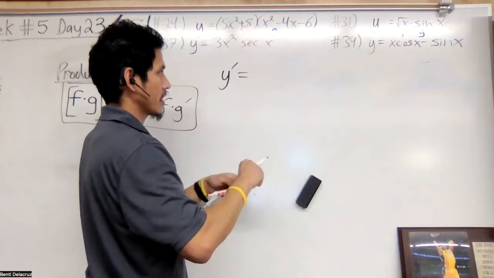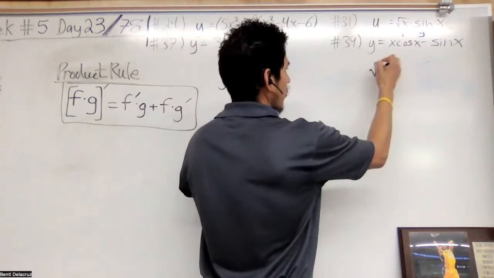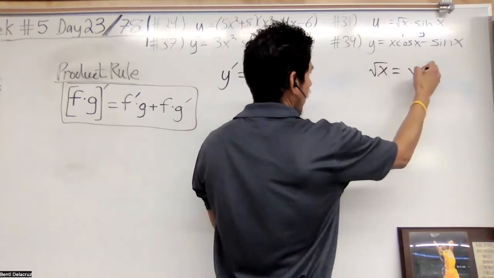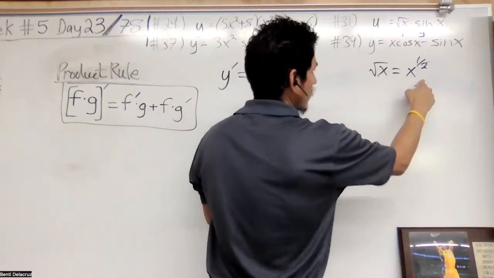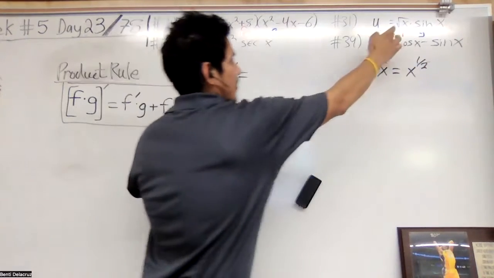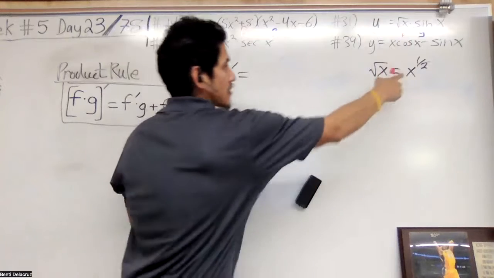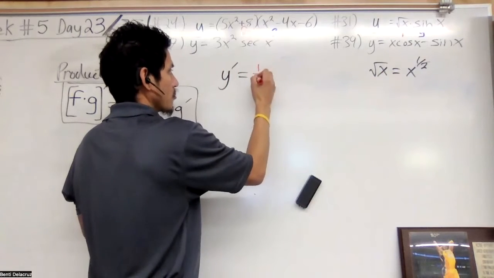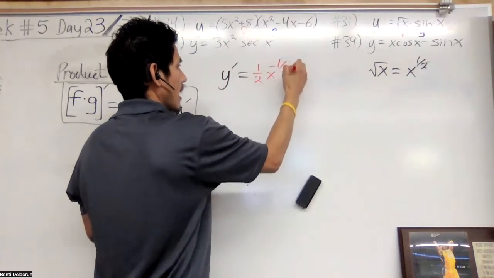And let me, to the side here, rewrite the square root of x as x to the 1/2 power. So you can use the power rule from here. It's easier to interpret. So we take the derivative of f, so the derivative of x to the 1/2 power using the power rule, it's 1/2 x to negative 1/2.